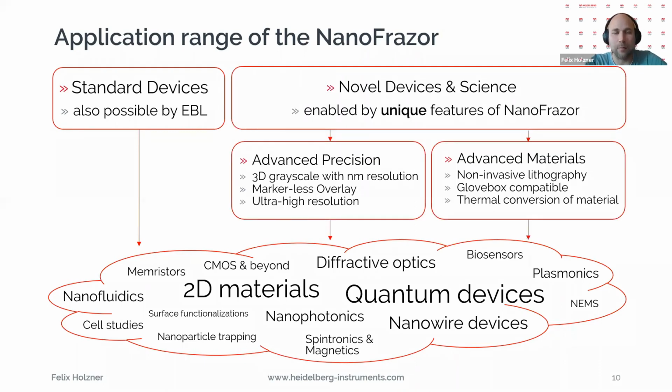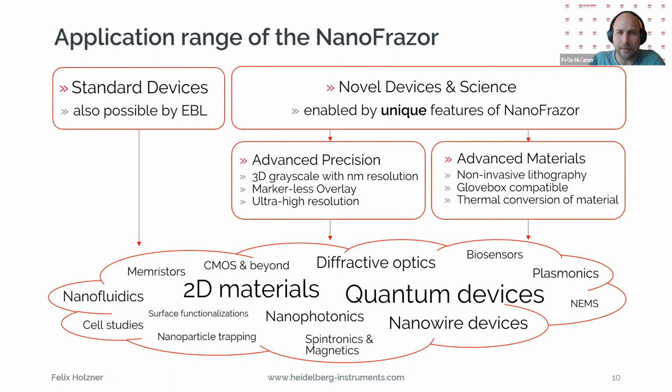But at the moment, I would say the majority of our customers acquired and use the NanoFrazor because they are working on something new, which is not possible with conventional nanofabrication techniques. That can be related to making structures that require very advanced precision, be it on the 3D scale, or very complicated overlay, or complex high-resolution features, which are difficult to do with other techniques.